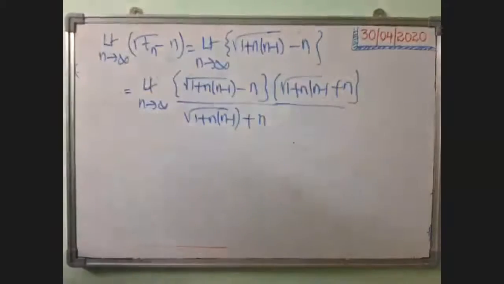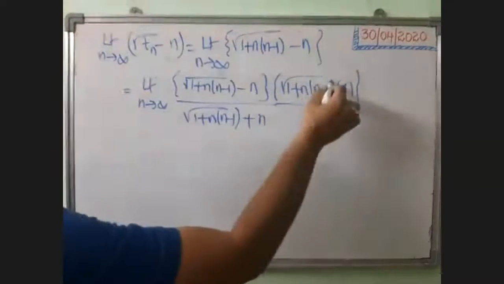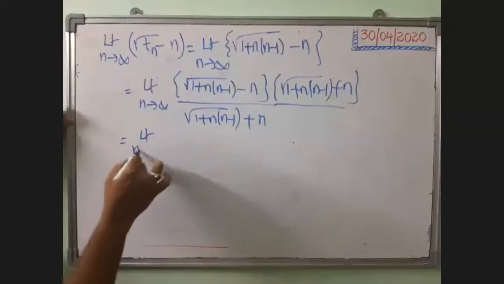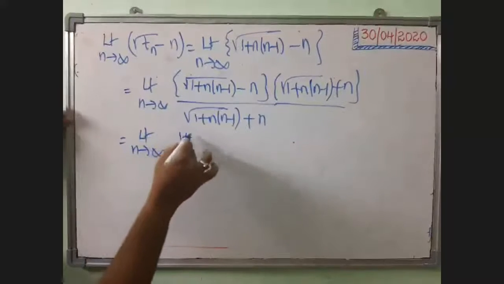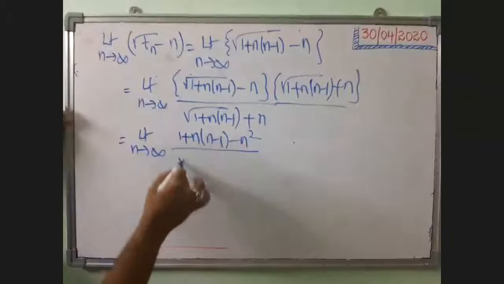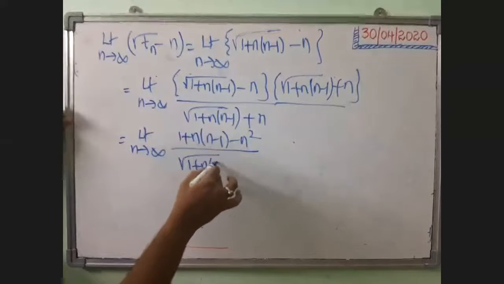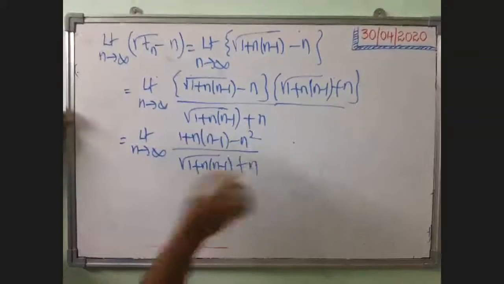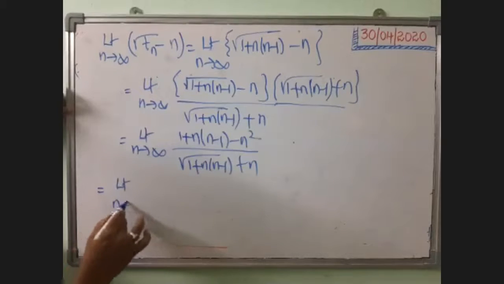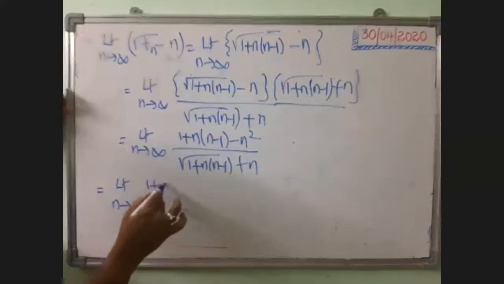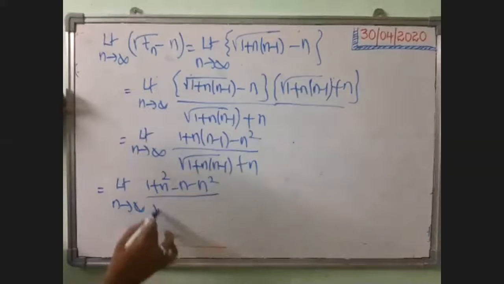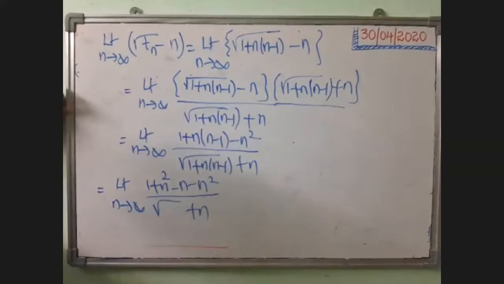What have I done? I have multiplied and divided by the rationalizing factor. So this becomes limit n tending to infinity of (1 plus n) into (n minus 1) minus n square, by root of (1 plus n) into (n minus 1) plus n. So this is 1 plus n square minus n square, by root plus n.